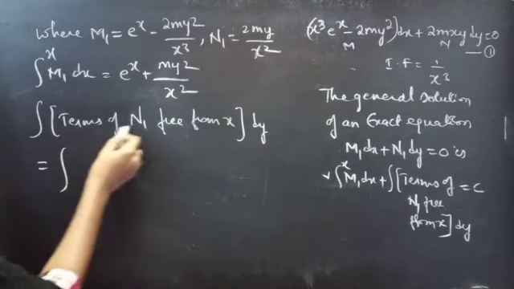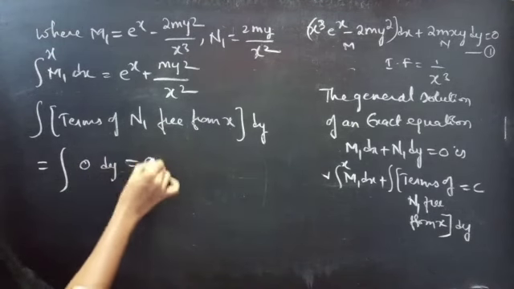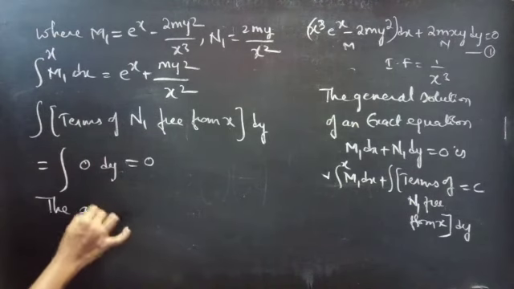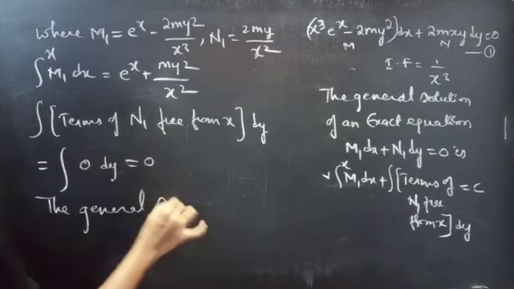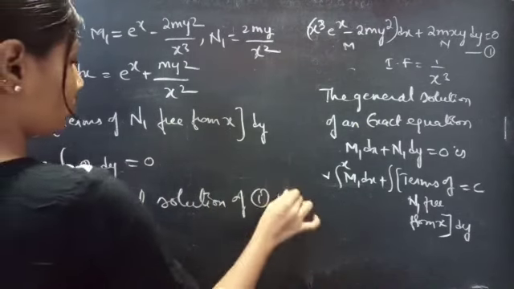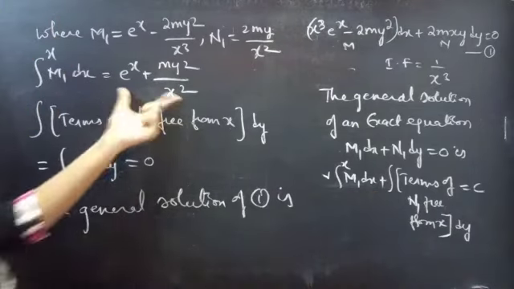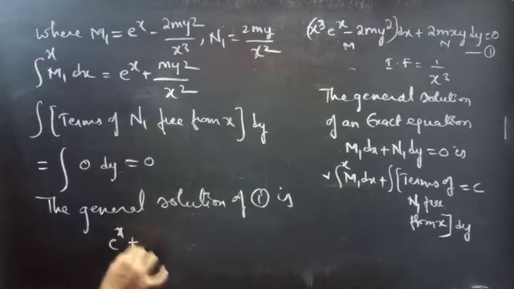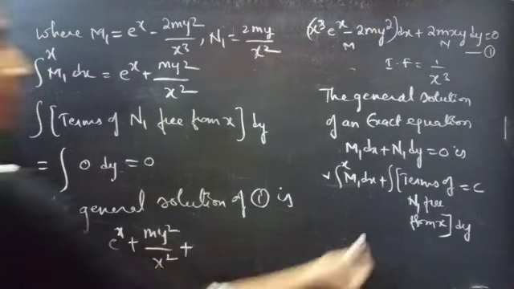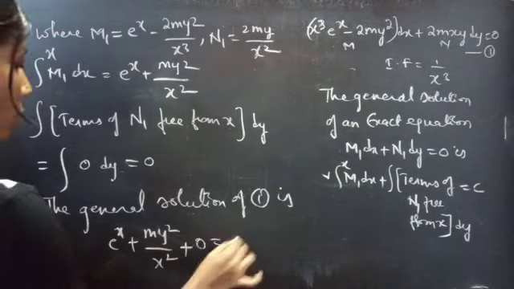So the terms of n free from x is 0 into dy, which equals 0. Now the general solution becomes the result obtained from the first integral, e power x plus my square by x square, plus the result obtained from the second integral, 0, equals c.